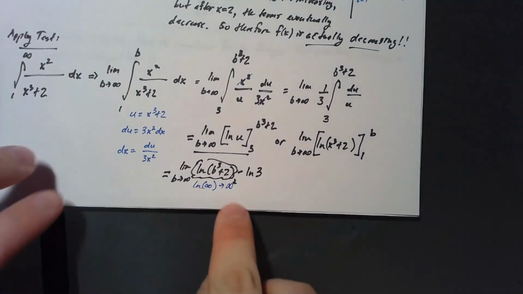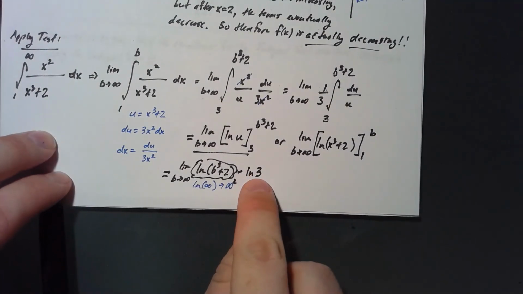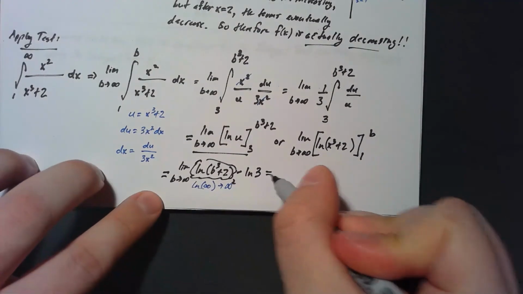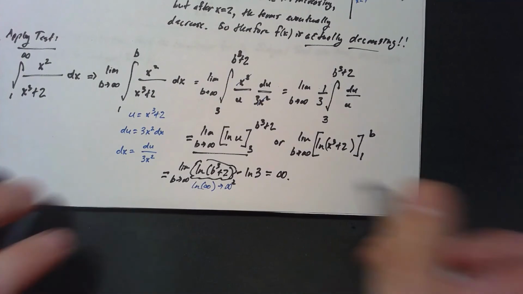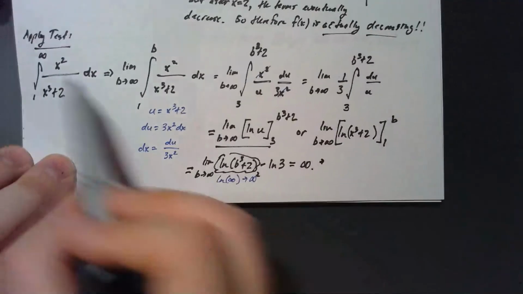So I have infinity minus ln of 3, which is still infinity.